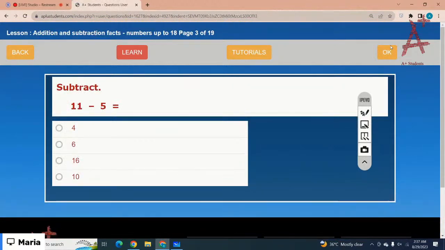The next one is 11 take away 5. So 11 take away 5 is 6. The correct option is 6.